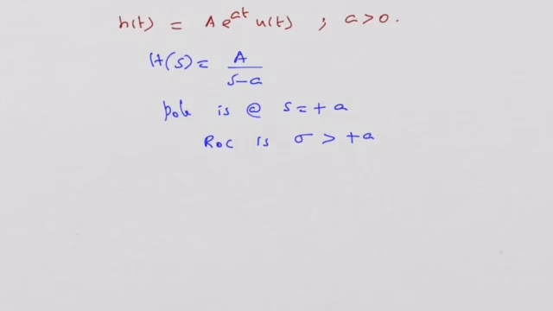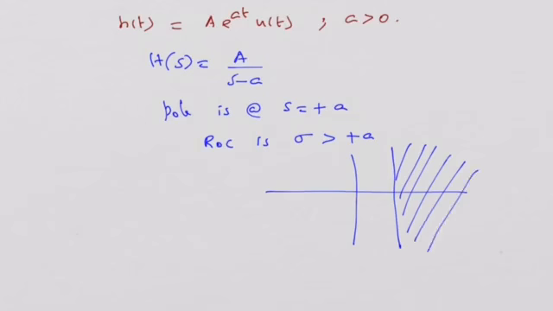So when you imagine the S-plane like this, the region of convergence is the region to the right side of the line passing through sigma is equal to a. And you can notice that the RoC does not include the j omega axis.